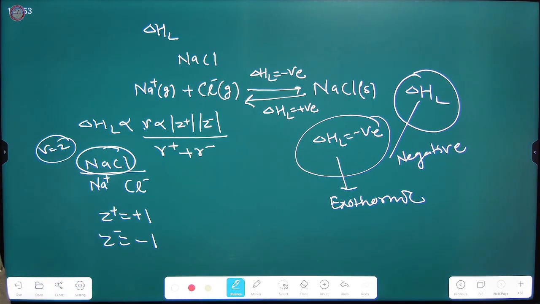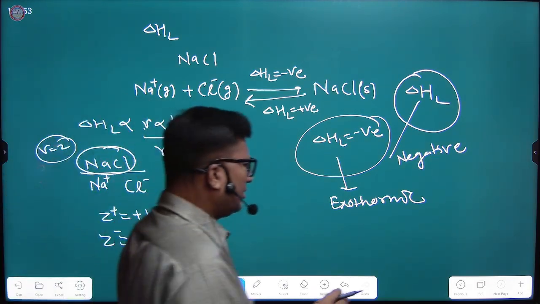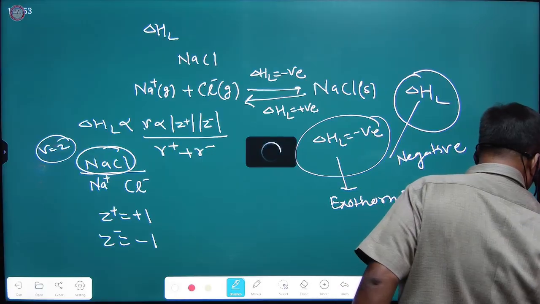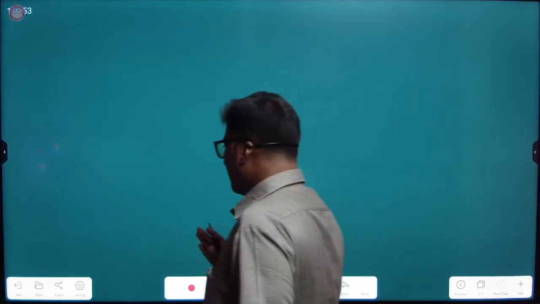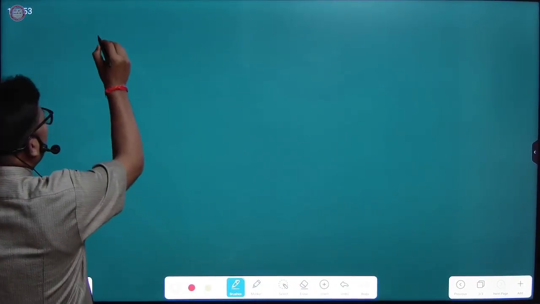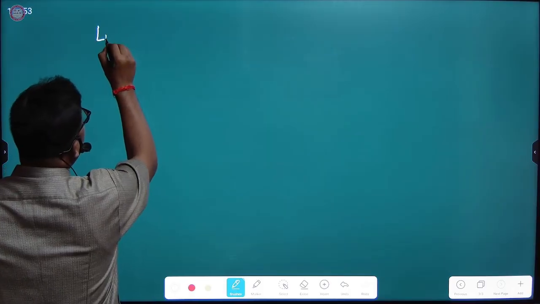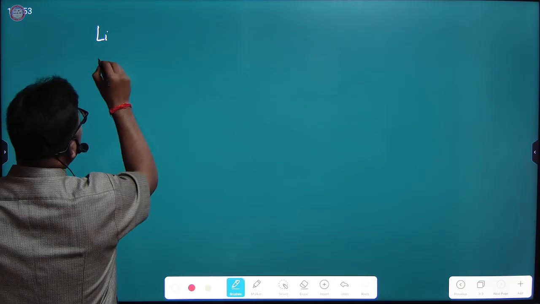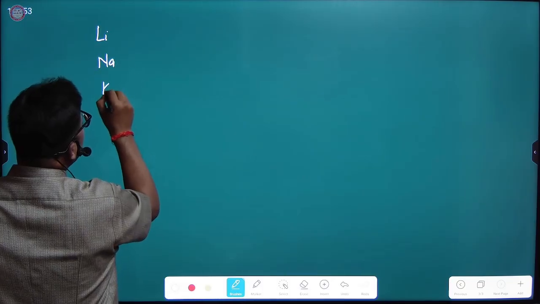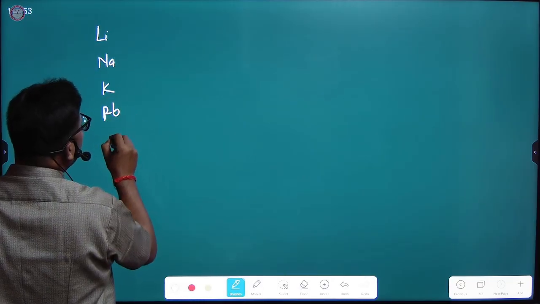So here we are considering alkali metals, that is Li, sodium, potassium, rubidium, cesium.